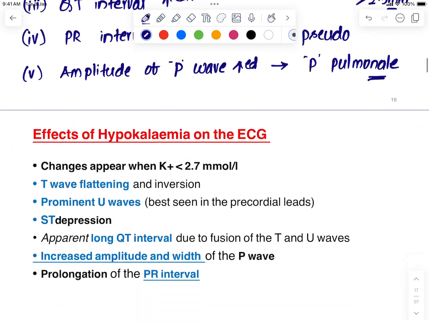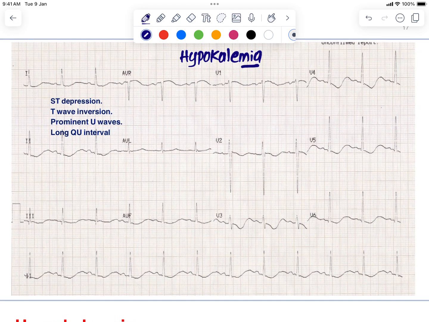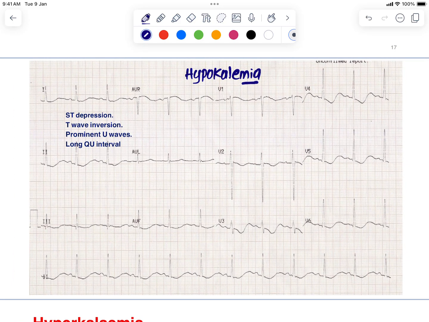Let me show you the ECG as well. Now, this is the ECG of hypokalemia. So let me try to show you all the waves that we have discussed. This is lead 2, which is considered as the rhythm strip, and in the rhythm strip you will be able to observe all these changes that we have discussed.